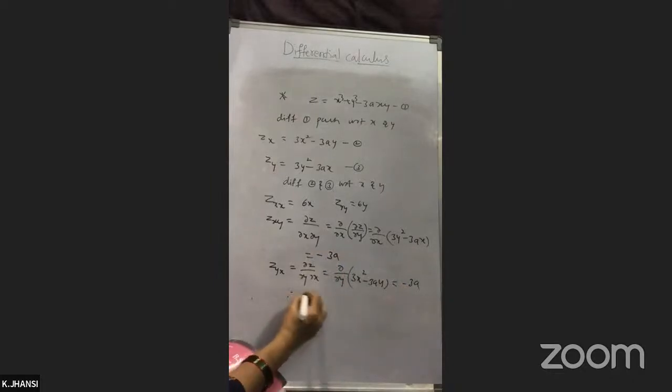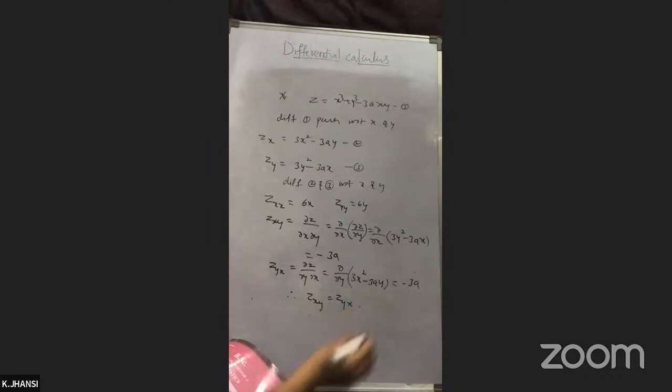So here we can write, therefore zxy is equal to zyx. And at last you mention all the first order and second order values. Okay, like this you have to solve any differentiation problem. If you have partial differentiation, you have to follow this procedure. Okay, so on partial differentiation, you will get questions mostly for 5 marks.